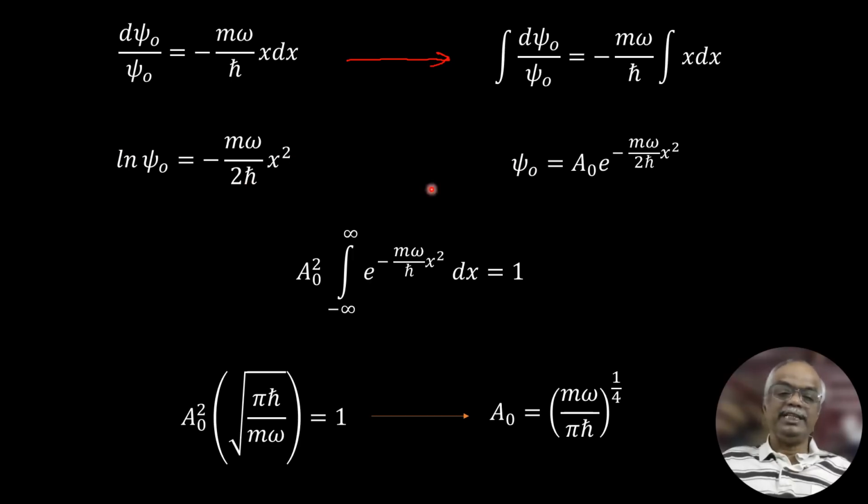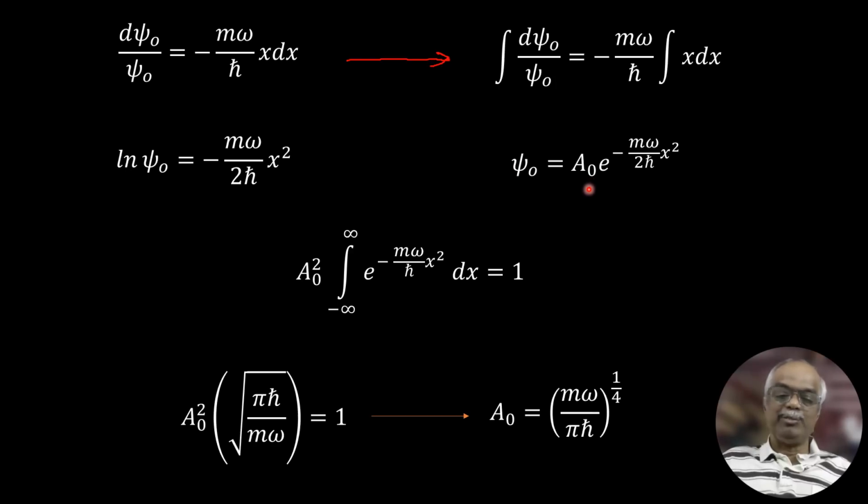Then what is psi naught? You take the exponential on both sides. So psi naught is A naught, where A naught is the normalization constant, times exponential of minus m omega over 2 h-bar x squared. This is the initial wave function, or the wave function at the ground state.